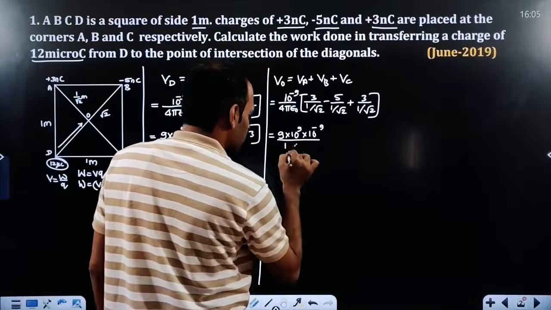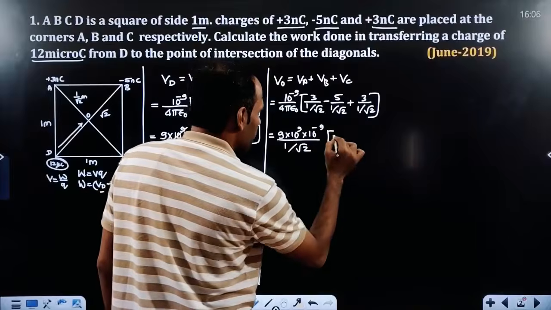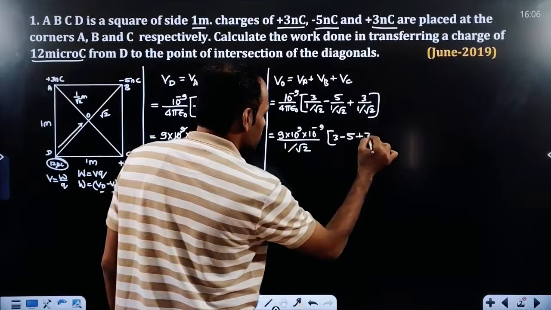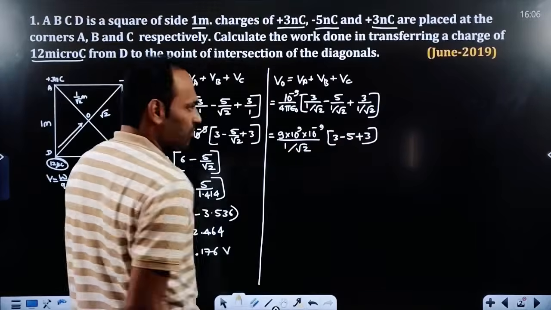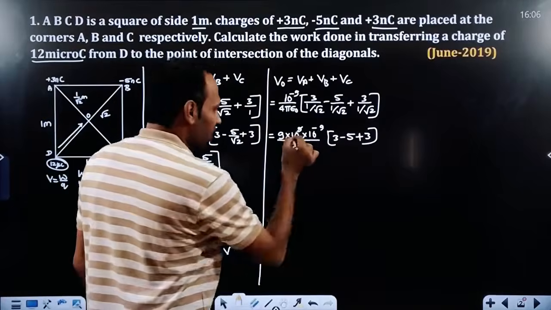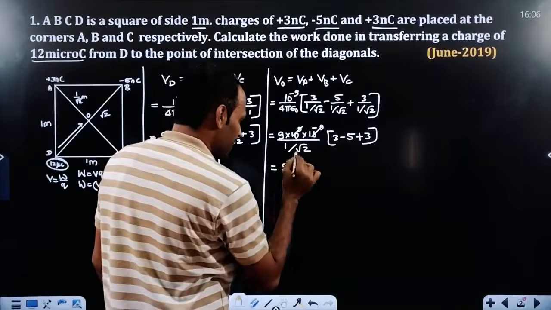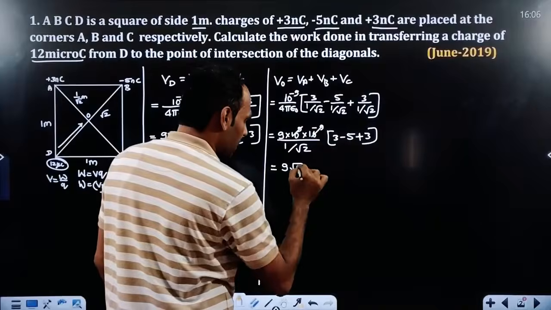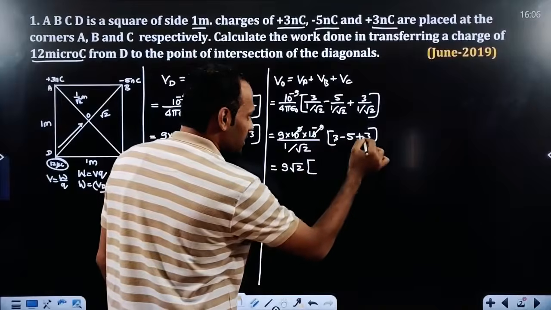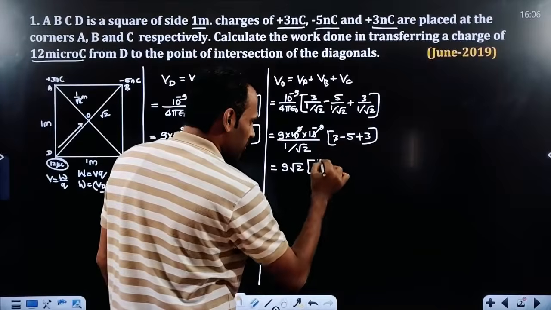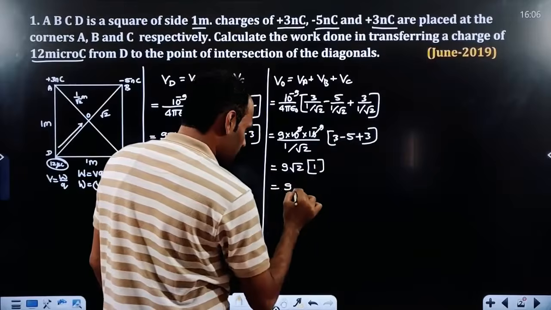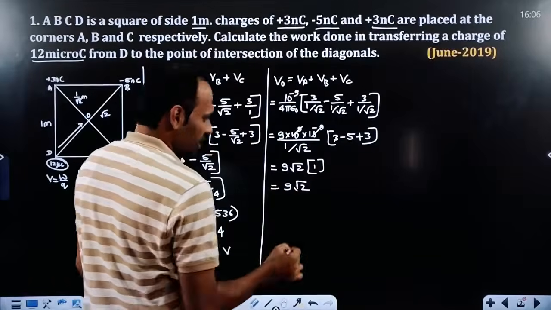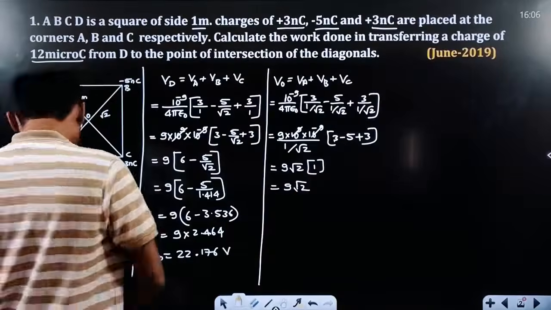Since it is common in all three, I will take it outside. In the bracket I will get 3 minus 5 plus 3. Plus 9 minus 9 will get cancelled. I will get 9 root 2 into the bracket, 3 plus 3 will be 6, 6 minus 5 will be 1. So we get 9 root 2. This much will be the potential at point O.